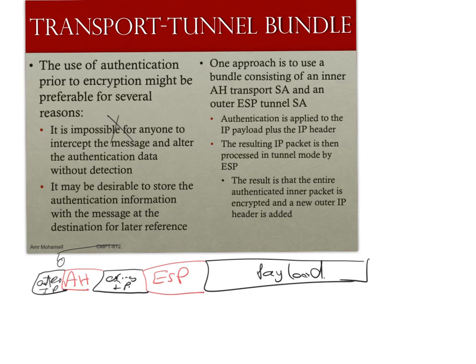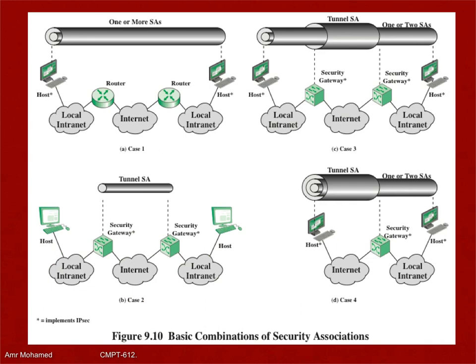How it looks like. So the standard allows all these scenarios to happen. And yes, this was your question earlier. So why would I want to have another tunnel on top of another tunnel? There are some cases.